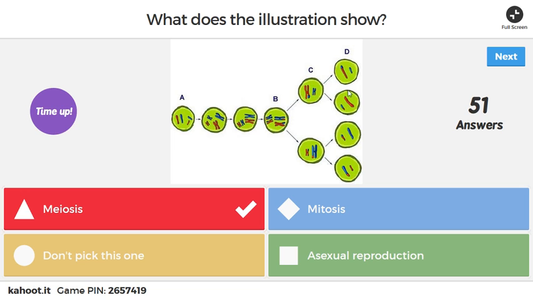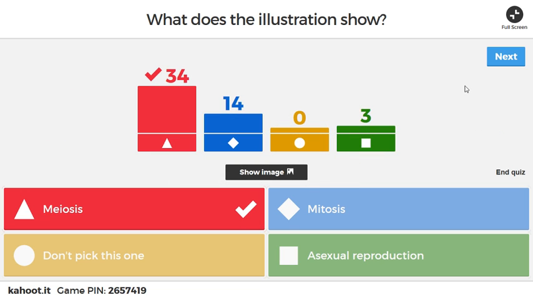All right, well, there are 4 gamete cells, which are sex cells. That's going to be meiosis.